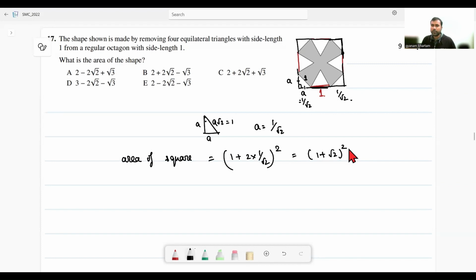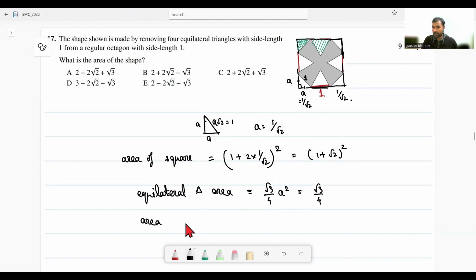Now, what do we need to subtract for the shaded region? We have to subtract 4 times this green area, and we have to subtract the equilateral triangle area. The equilateral triangle area is root 3 over 4 a square, which is root 3 over 4.